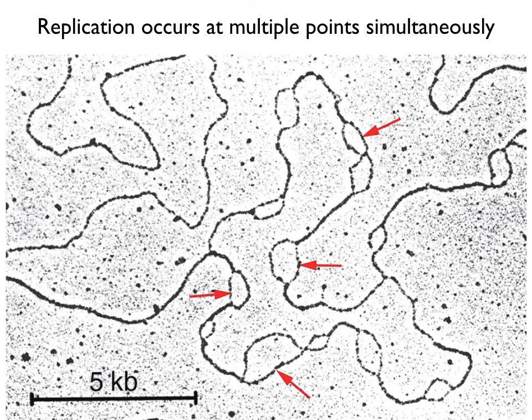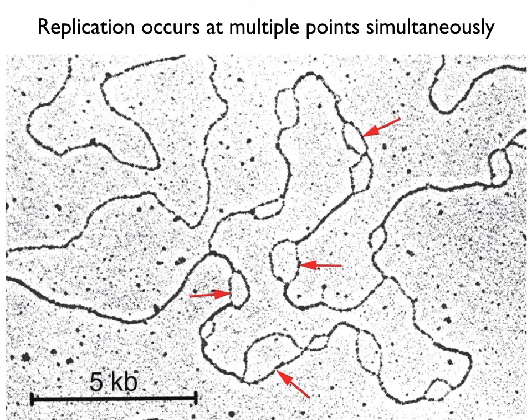And so what happens is replication bubbles form throughout our DNA, and replication forks push in both directions. So in this long strand of DNA, what's happening at all of these replication bubbles is that replication is proceeding both to the left and the right.